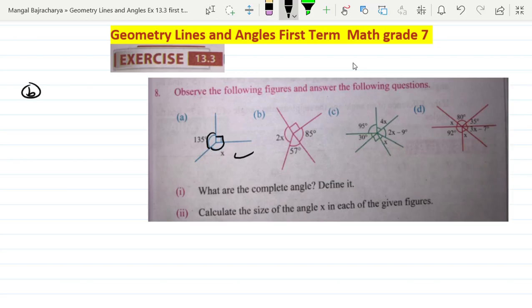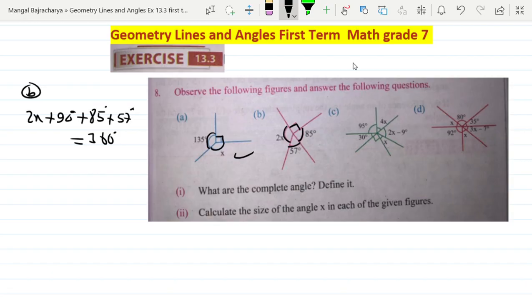Number B. So here the whole diagram, whole complete turn 360 degree, has been split into four angles. So first is your 90, next is your 85, then next is 57, and then next is 2x. Is it? So the sum of these angles equals 360, you can say. So 2x plus 90 degree plus 85 degree plus 57 degree, their sum equals 360 degree.